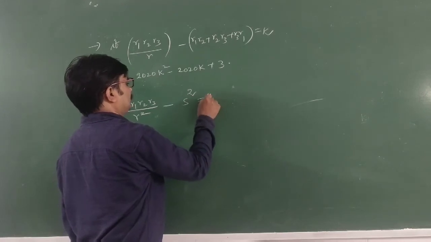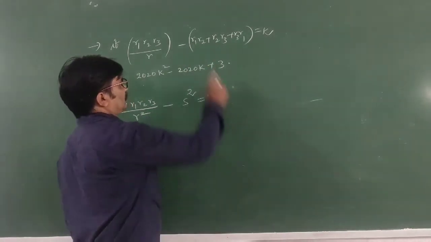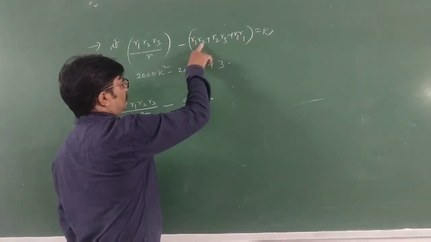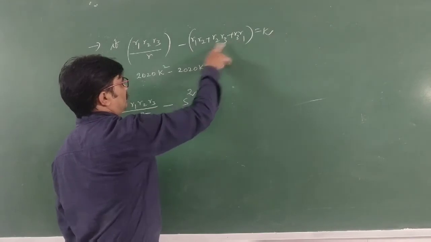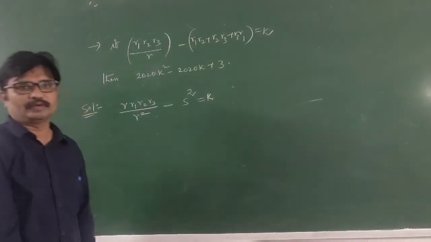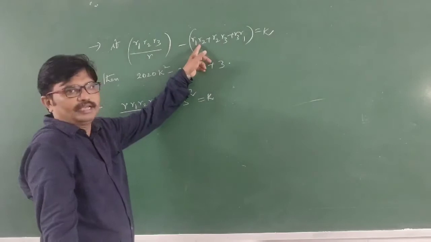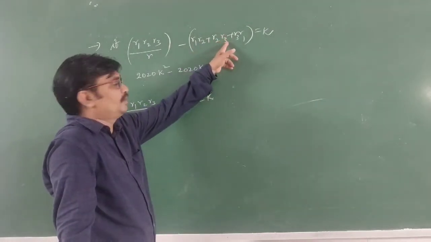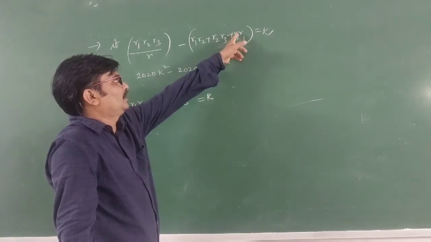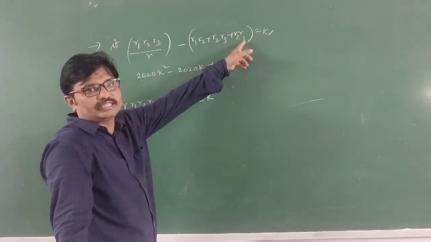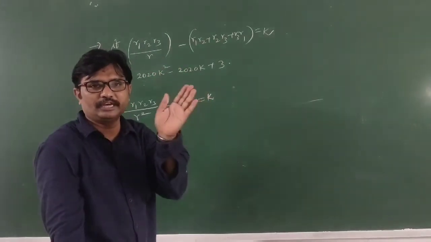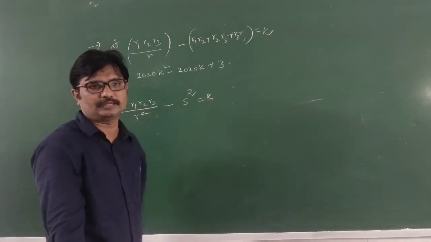Everybody knows that, in the previous class we discussed r1 is delta by S minus A, r2 is delta by S minus B, r3 is delta by S minus C. Delta square is the common. LCM is S minus A into S minus B into S minus C.